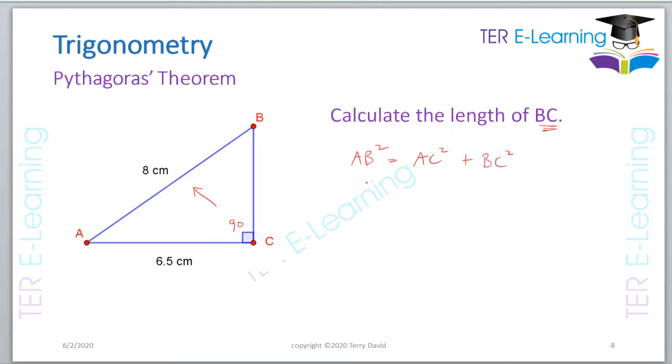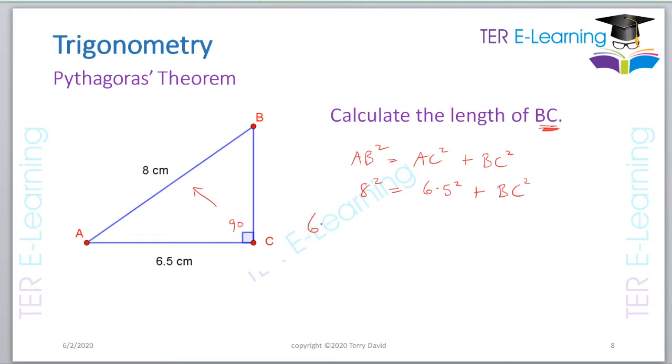So AB squared, now we're going to plug in numbers. So we're going to say 8 squared is equal to AC squared, which is 6.5 squared, plus BC squared, because we don't know what BC is. BC is what we want to work out in the question. So some students can manipulate this very easily, but I'm going to show you the easiest way to do this.